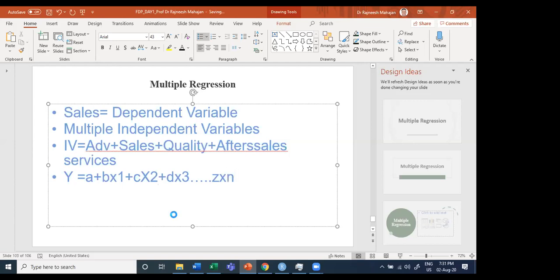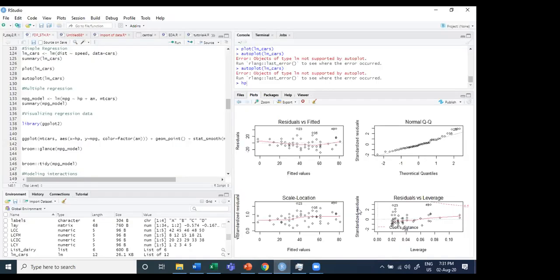So this is one equation which we can visualize as far as our data set is concerned. Let's go back to the core of action, which is R here. Let me see what can be done with respect to this.